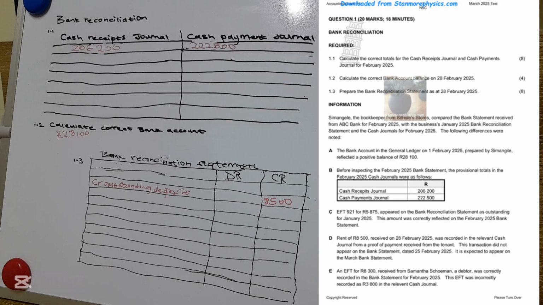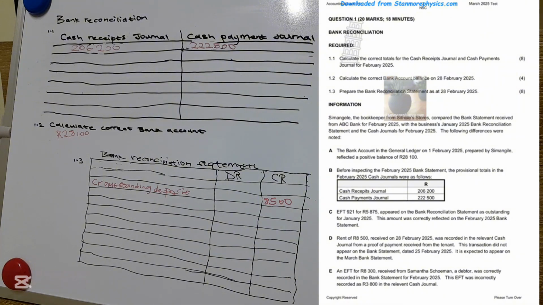So here we recorded 3,800 instead of 8,300, meaning we recorded less.